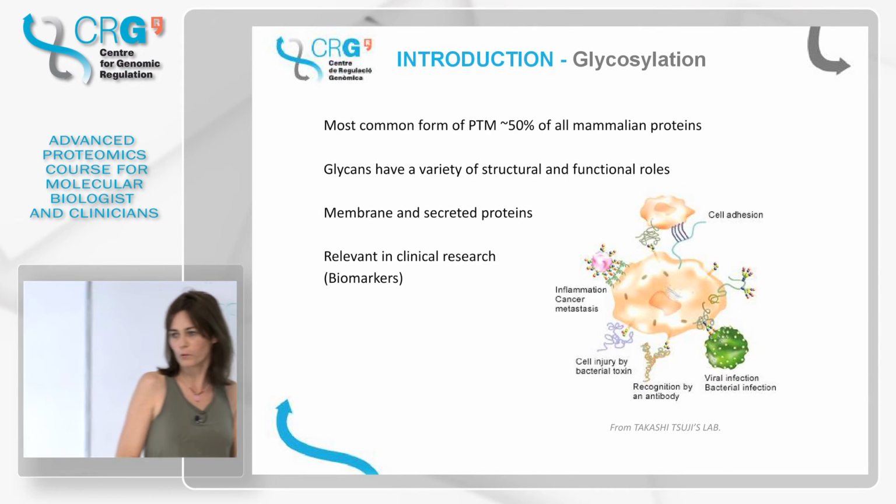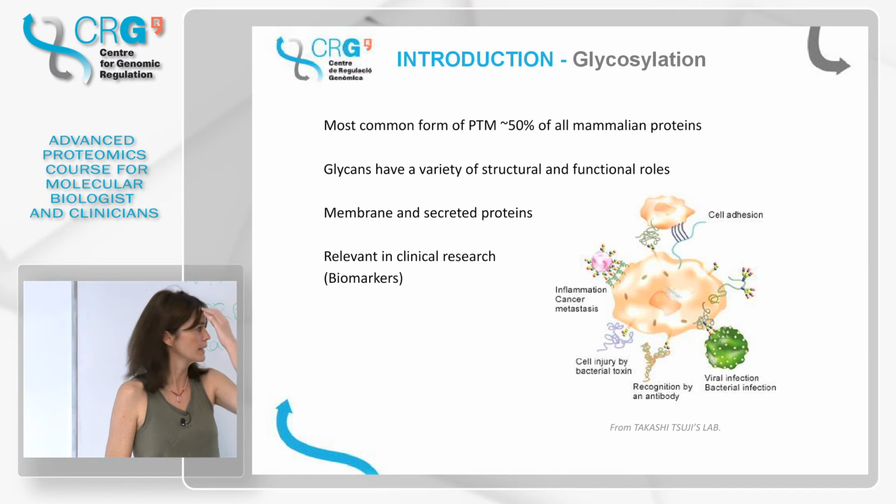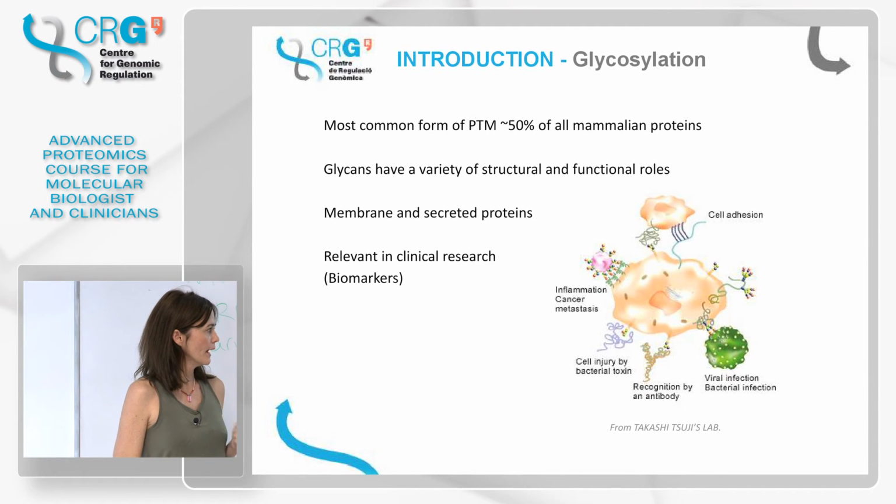They are involved in metastasis in cancer. And they are mostly in the membrane of the cell or in the body fluids. And that's what makes them quite attractive as biomarkers.